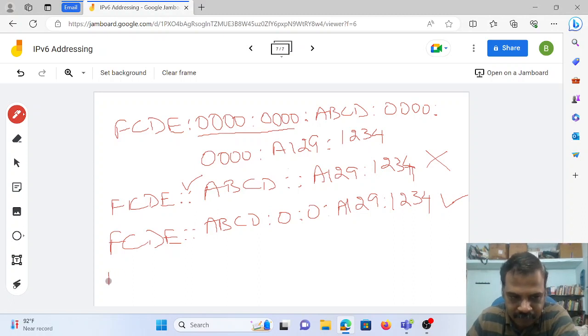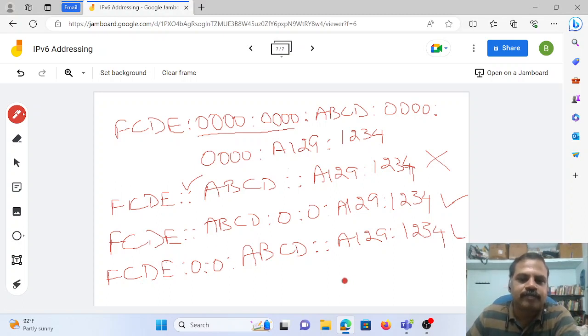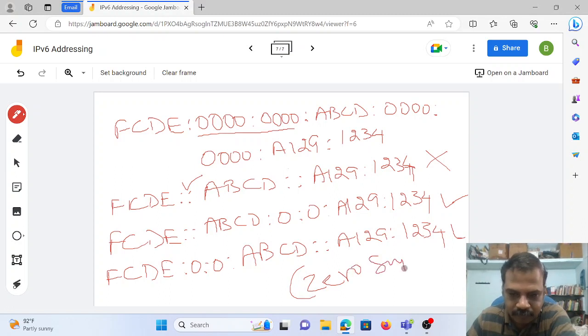Otherwise, FCDE 0 0 ABCD, here we can use double colon, then we can write A129 1234. Either in this way you can write the abbreviation or in this way. So this rule is called zero suppression in IPv6.